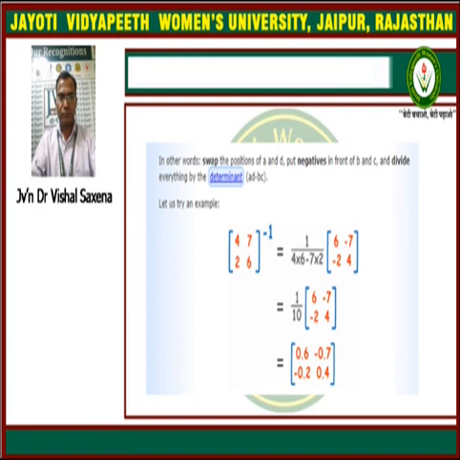In this way we take the adjoint of the matrix, which becomes 6, minus 7, minus 2 and 4, and we divide it by its determinant, which is 10.